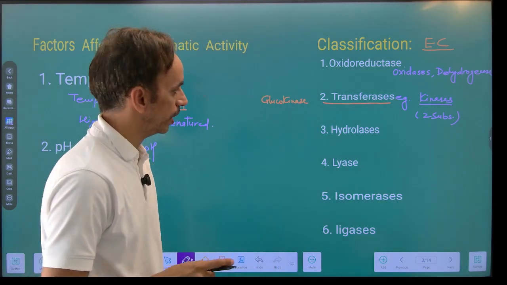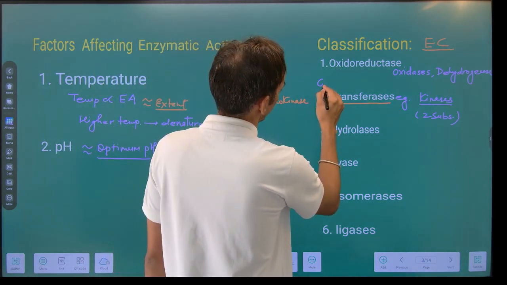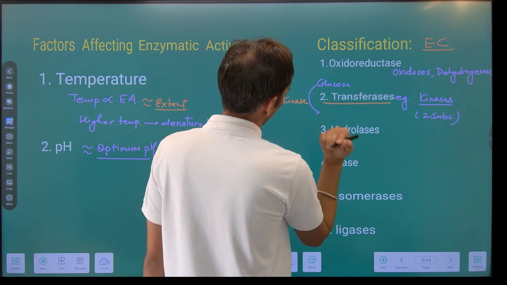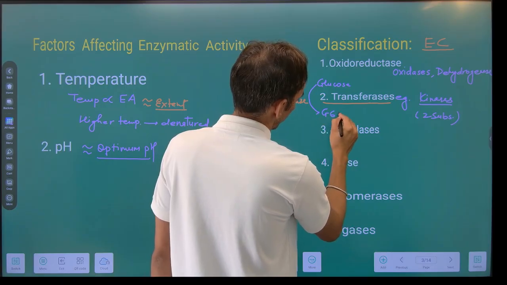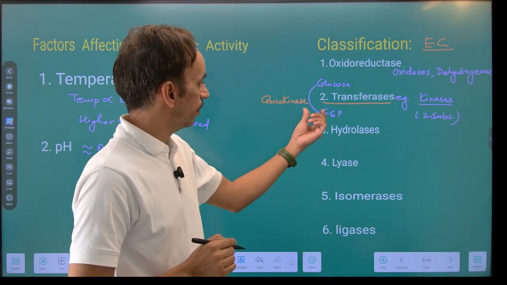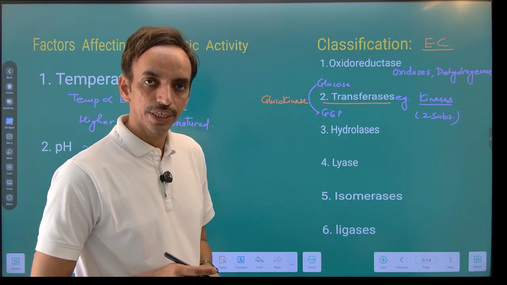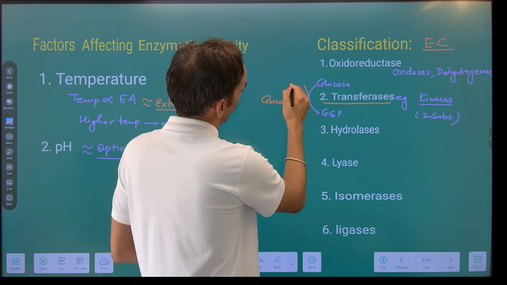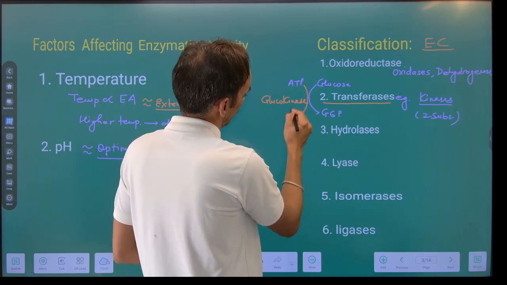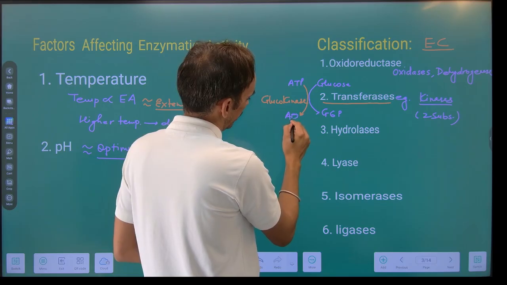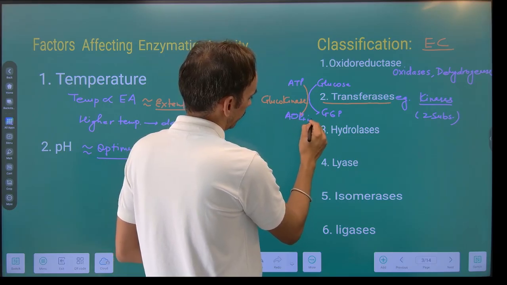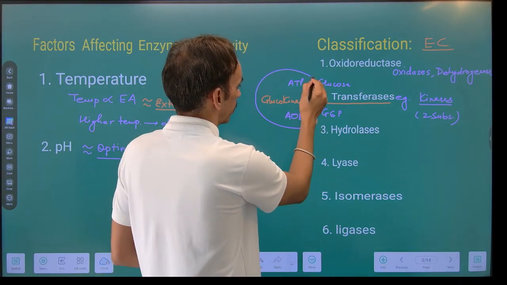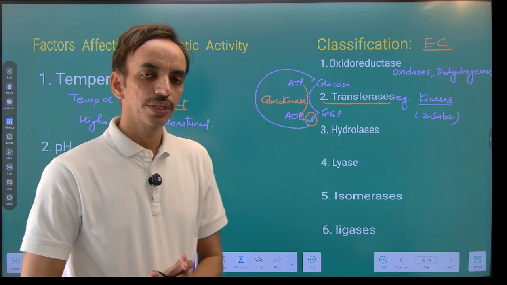The function of glucokinase is to convert glucose into glucose 6-phosphate. There is an addition of phosphate onto the glucose 6 position, and for this they require energy in the form of ATP. ATP is converted into ADP plus inorganic phosphate, and this phosphate is transferred to glucose for its conversion into glucose 6-phosphate.